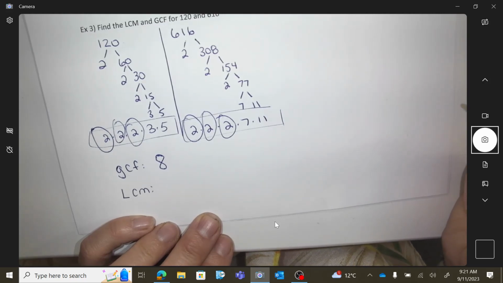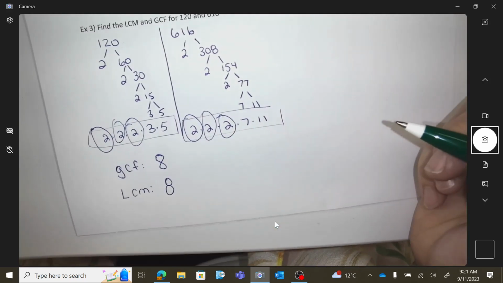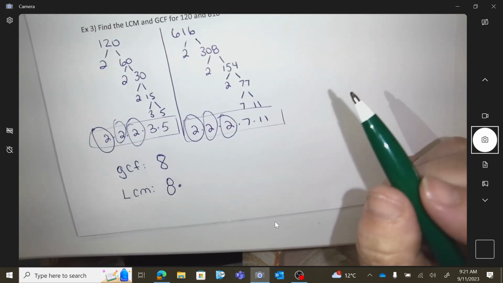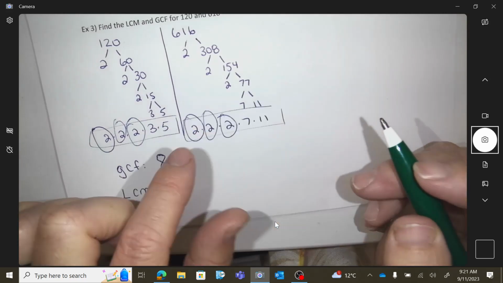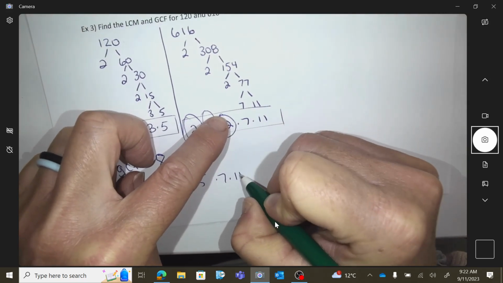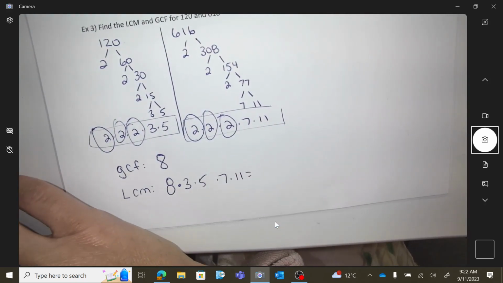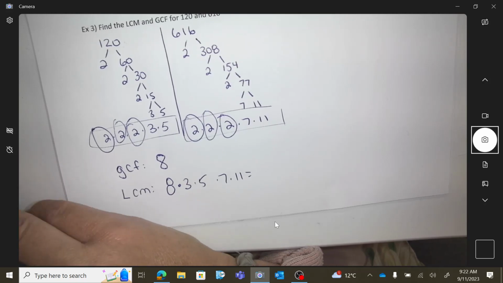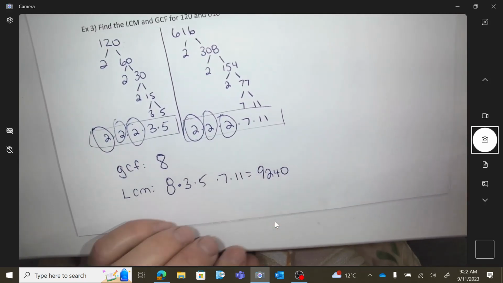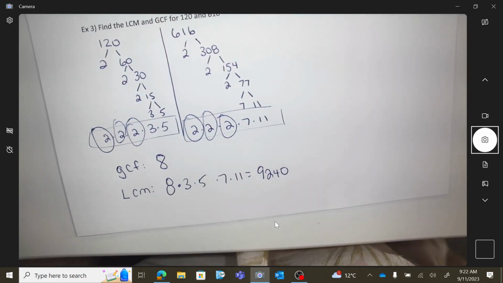So then the lowest common multiple would be that, which is 8, times, and then what else do you see there? I would still need to put the 3, 5, 7, and 11 in there. So we're going to have a pretty big number here. So 9,240 is the first number I found that I could divide them both by.